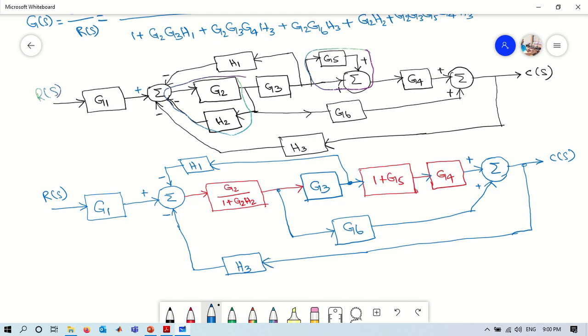Okay, now I should go for the next level of reduction.